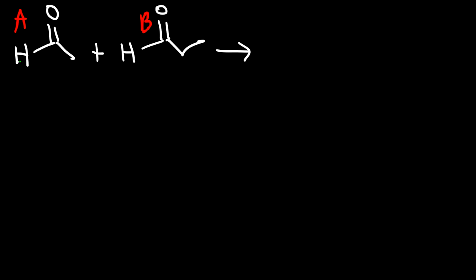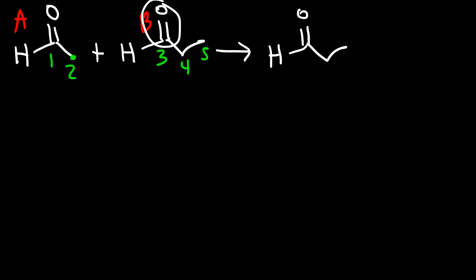So the way I set it up, A is going to attack B. So the alpha carbon of A will attack the carbonyl carbon of B. Therefore, when you count the longest chain, once you get to the alpha carbon of A, jump to the carbonyl carbon of B. And so we're going to have a 5-carbon chain in this reaction. Carbon 3, where the carbonyl group was attacked, is going to turn into an OH.